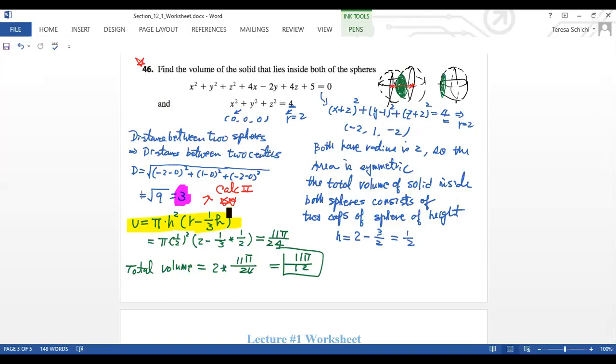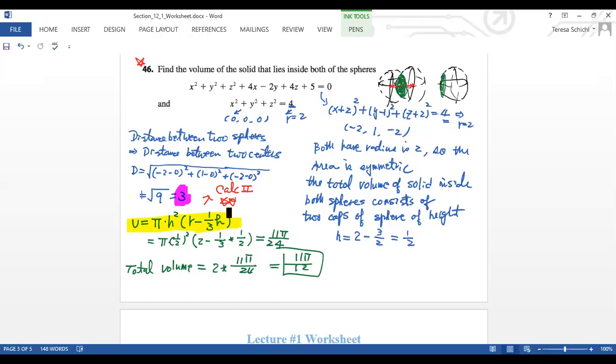You might want to go back and review this. I think you can find it in the topic under calculus 2, when we talk about revolving around the x-axis, y-axis, and finding certain volumes. You can find this formula in there. That's why I said this one is a little bit harder. I think it's the hardest topic for this worksheet.